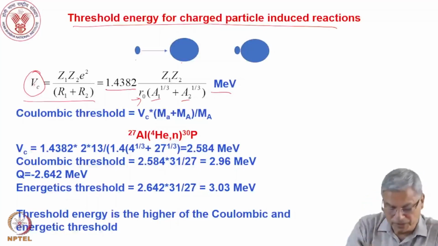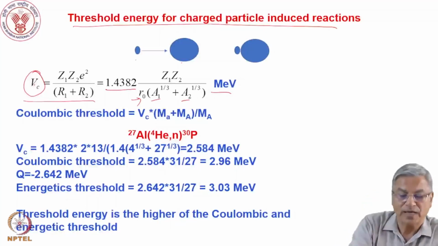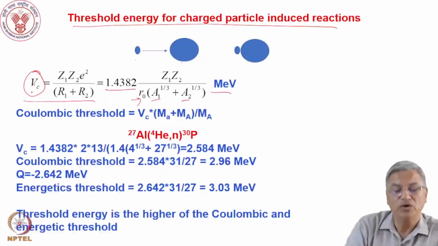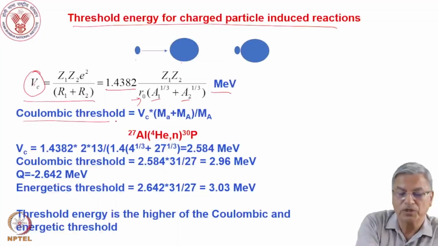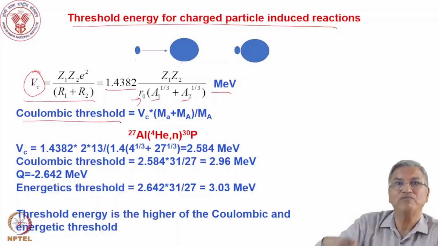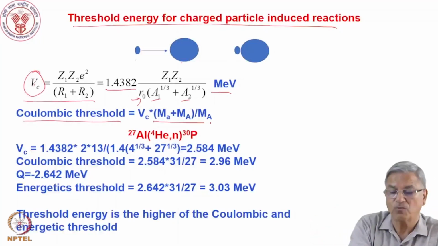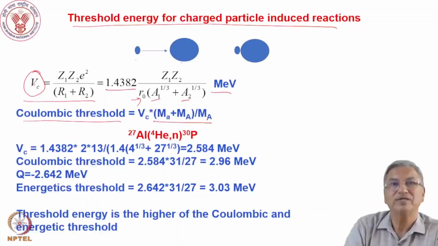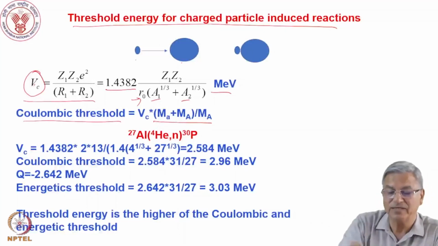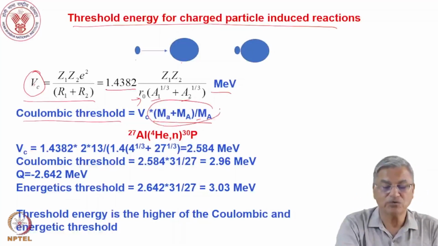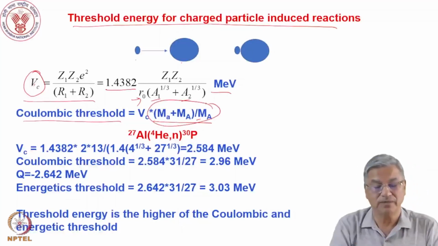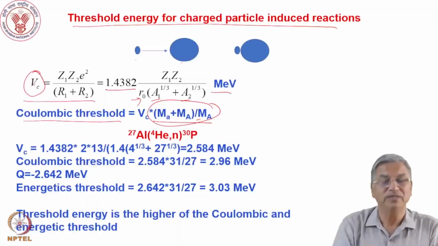So for a charged particle induced reaction, the projectile should have energy at least equivalent to Vc, and accordingly the Coulombic threshold will be Vc into a factor for the center of mass, that is m plus M upon M, where capital M is the target mass. So by this much factor, the laboratory energy should be more than the Coulomb barrier.